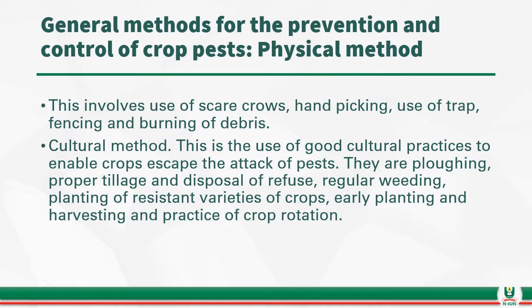Some varieties are resistant to certain pests. It will be expensive in the beginning, but it's worth it. And early planting should also be encouraged because by then the pests will not be available. So by the time the worms start forming, your crops will already be reaching their harvesting period.